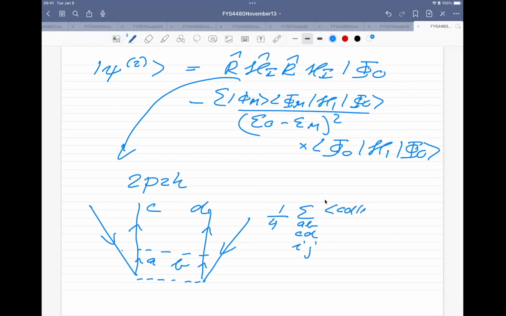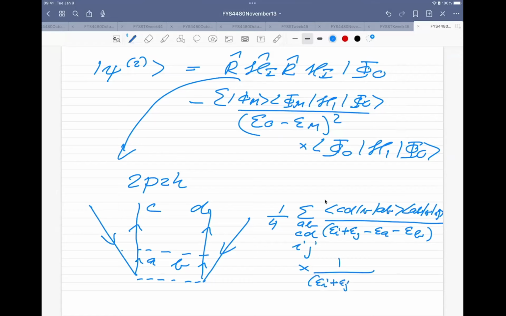I have C, D, V, and A, B. And then I have my A, B, V, I, J. And this is divided by epsilon I plus epsilon J minus epsilon A minus epsilon B, multiplied with a new denominator, which is epsilon I plus epsilon J minus epsilon C minus epsilon D, and then multiplied with the final state, which is leaving IJ and CD.